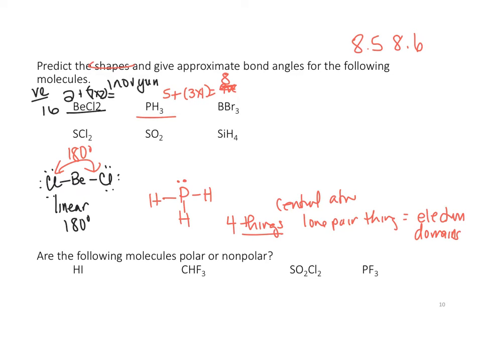But you have 1 unshared electron pair, so what's going to happen is it's going to push all of these down. When you have 3 bonds and 1 lone pair, it's going to make that trigonal pyramidal.